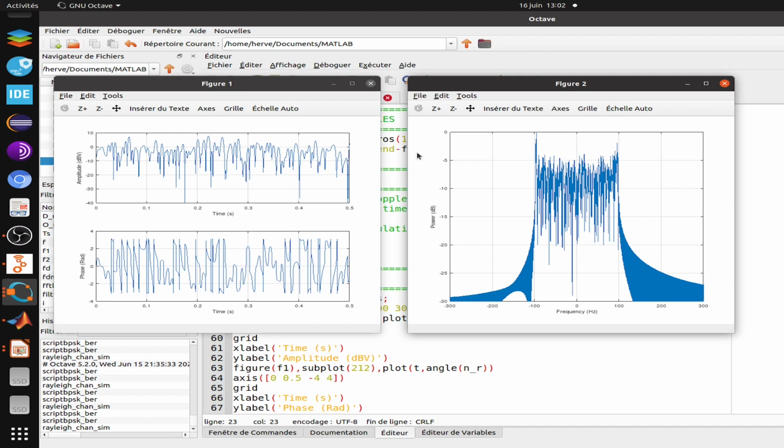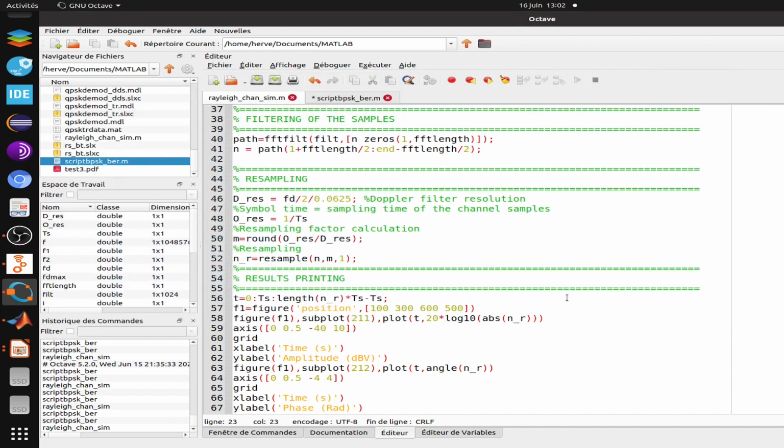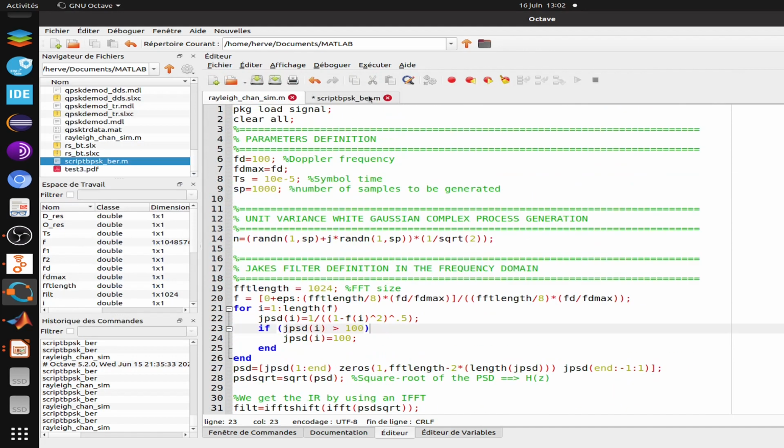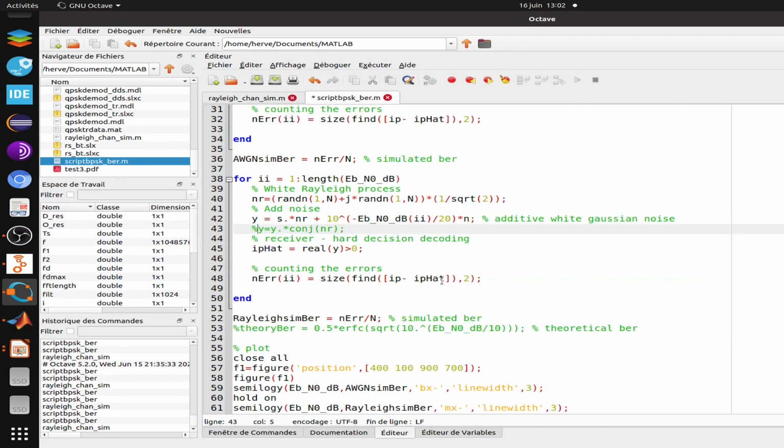On the right, on figure 2, you have the shape of the Jakes filter we've just generated for a Doppler spread of about 100 Hz. So as you can see, it's quite easy to get these samples.